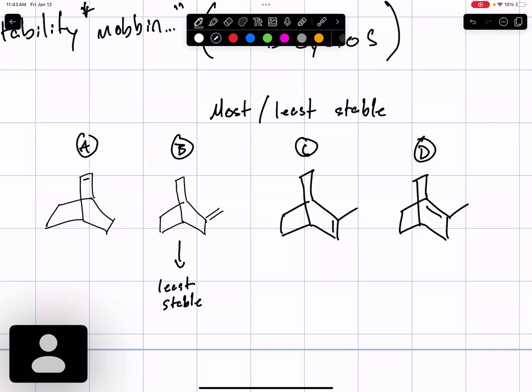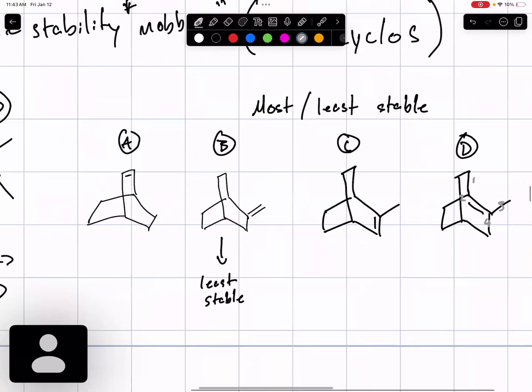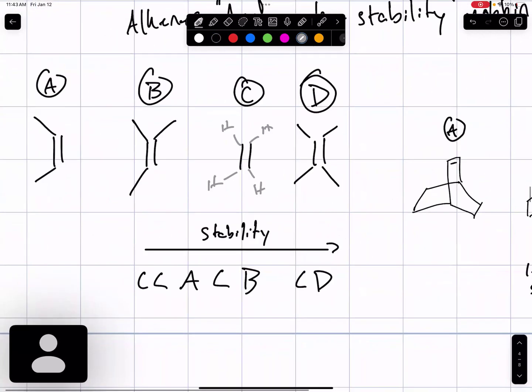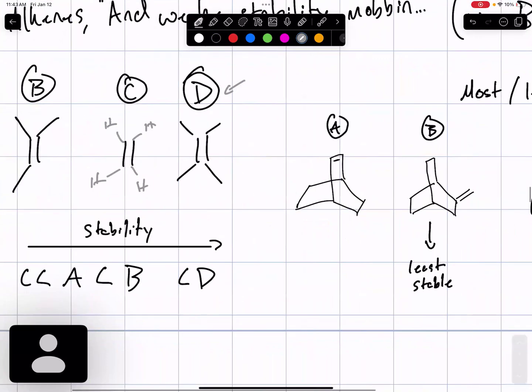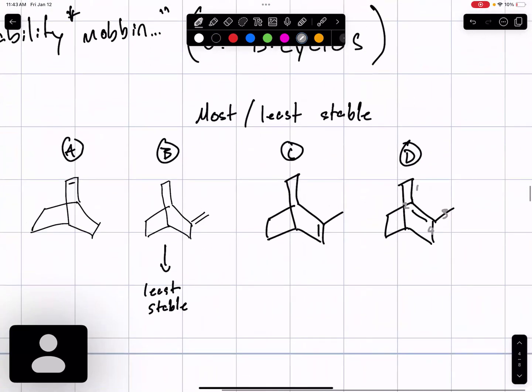It's in the tertiary position for both sides. Right. So you would think because it has one group here, another group here, another group here, and another group here, that's similar to D, right? With 4 groups. However, bicyclos are a little bit different, where stability does not increase if one of the substituents is a bridgehead carbon.